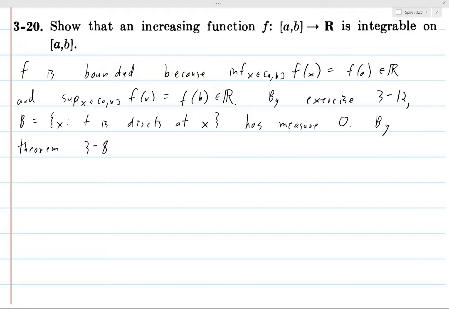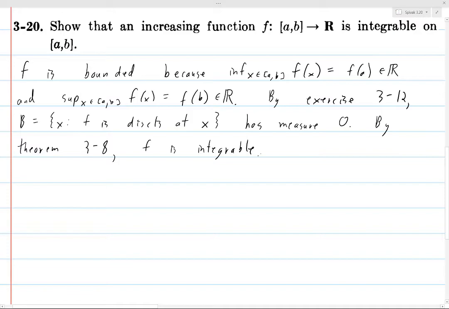So by theorem 3-8, the fact that the set of discontinuities of f, which is B, has measure 0 means that f is integrable. So we're done.